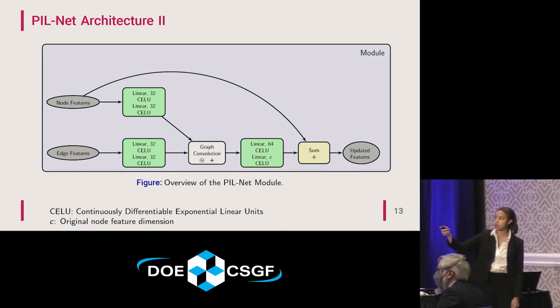In the yellow step, you combine the node features with this expanded representation. That's called a skip connection, and that's also something we tested in these ablation studies. Then from there, you get the updated features. Depending on which module this is, the updated features either get fed into the next module or they get fed to the output layer to form the predictions.